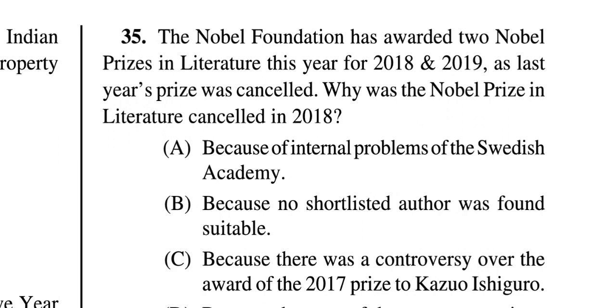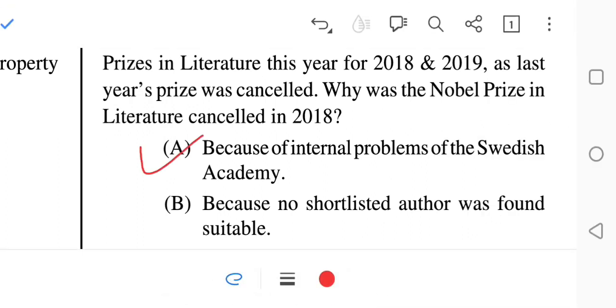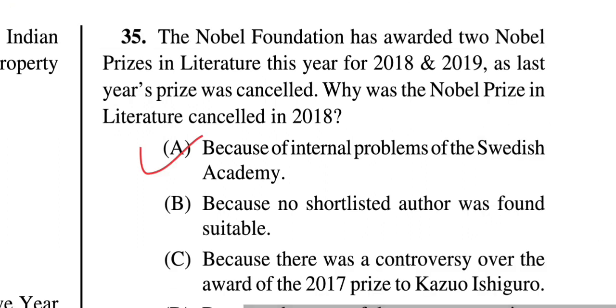So let me give you the correct answer from the official answer key. 35 correct answer is A, because of internal problems of the Swedish Academy, which I have already told you. So you should not only know who was the winner. If the award has not been announced, then you should also know what was the reason behind it.